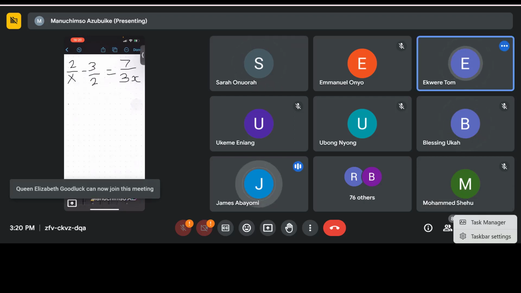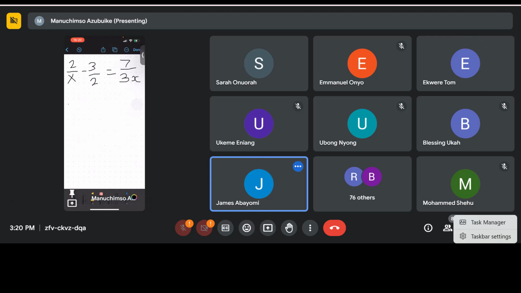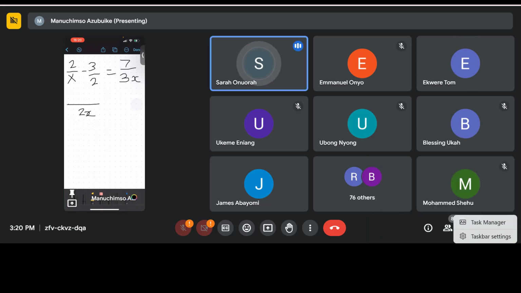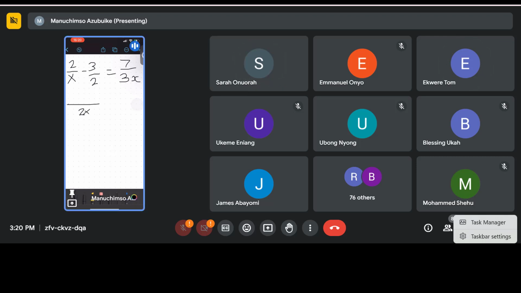Now find the LCM of 2 and x. Here it is 2x. Sometimes the LCM should be 2x instead of just 2. So now you're going to ask yourself, what did this x multiply to become 2x? x got multiplied by 2.